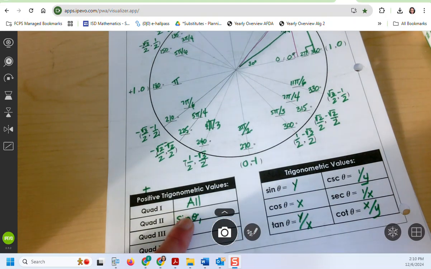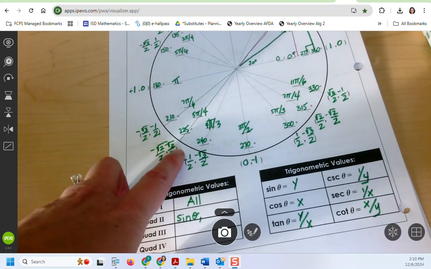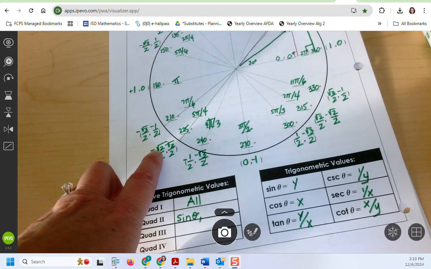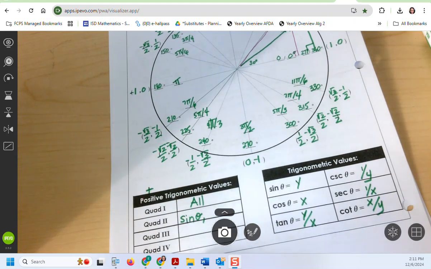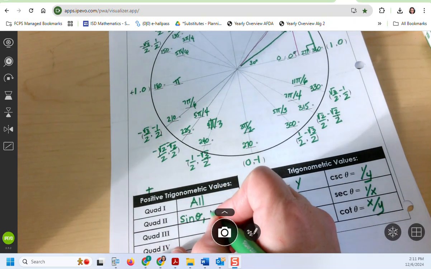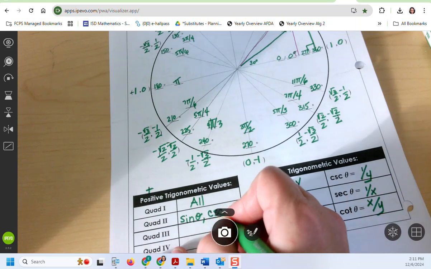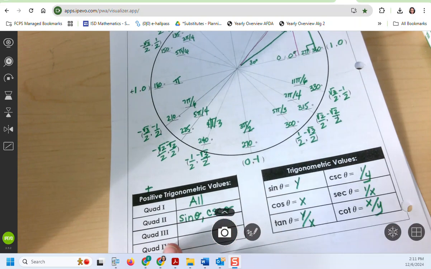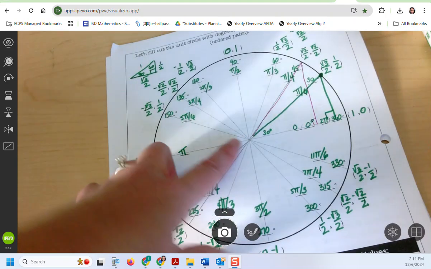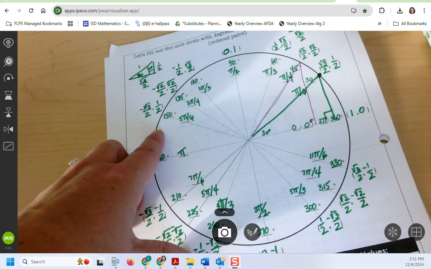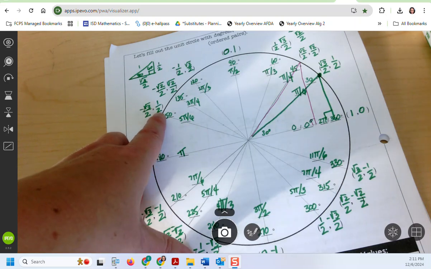Will y over x be positive? Positive over negative. Does that give you positive? No. So not the tangent, but yes, the cosecant, because remember, cosecant is just the reciprocal of sine. So the sine and the cosecant are going to be positive in quadrant 2. Sine's the y, so the y is positive here.